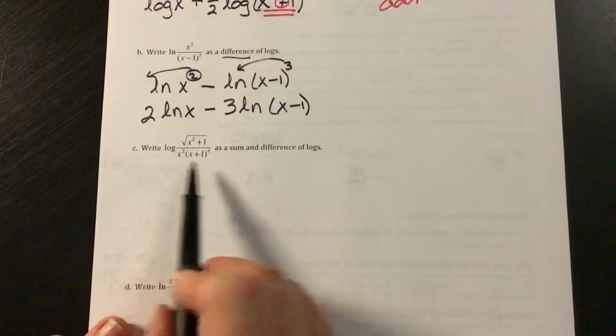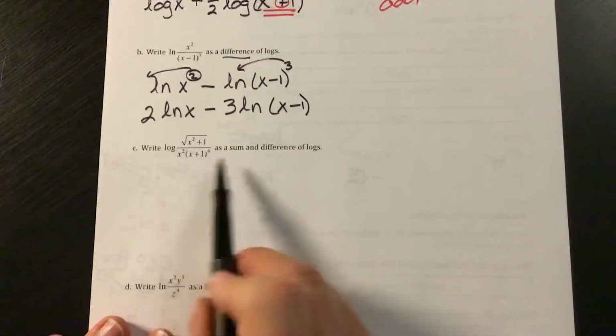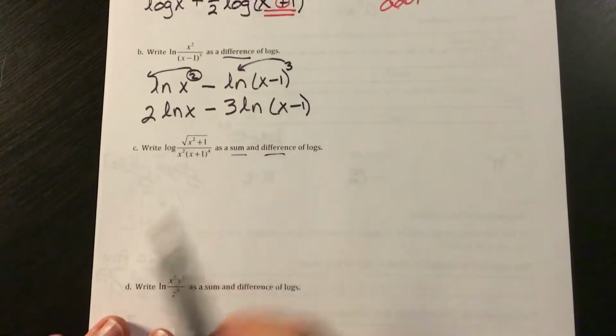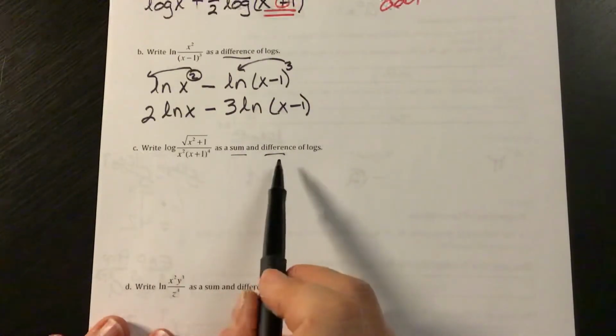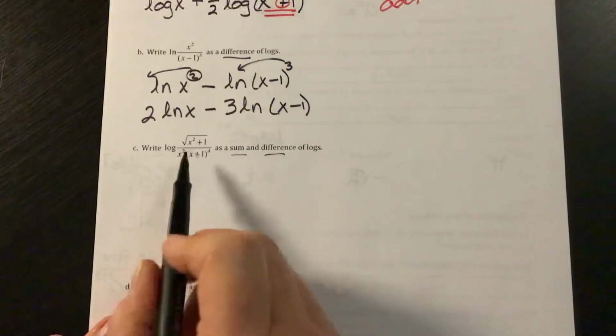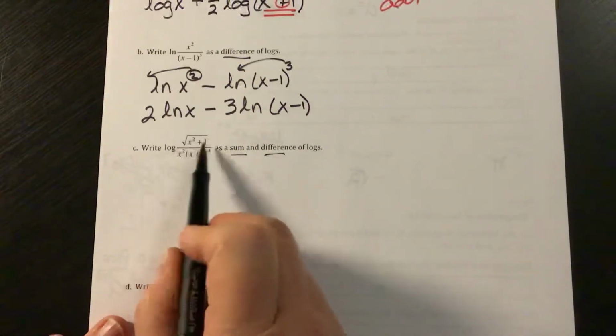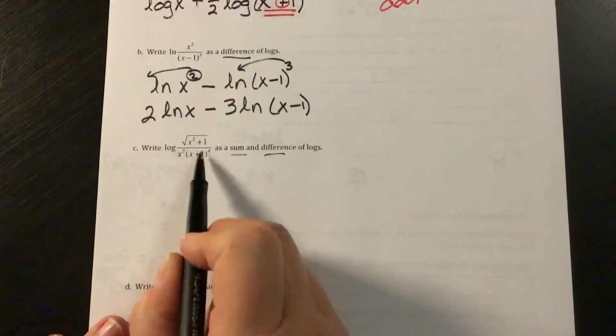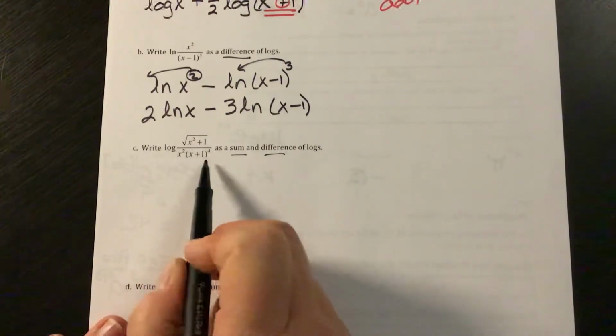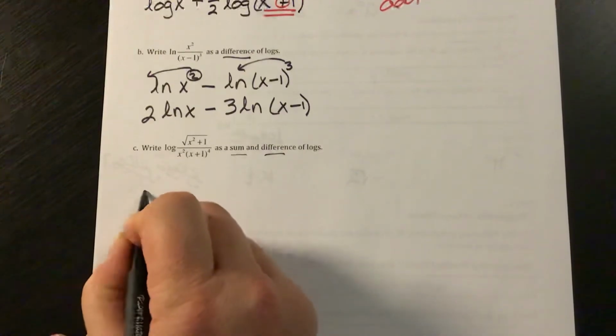Part C asks us to write this logarithm as a sum and difference. So that means I'm multiplying somewhere in here and I'm dividing. All right, so here I have the log of whatever's on top minus the log of whatever's on bottom. So I'm going to write it that way.